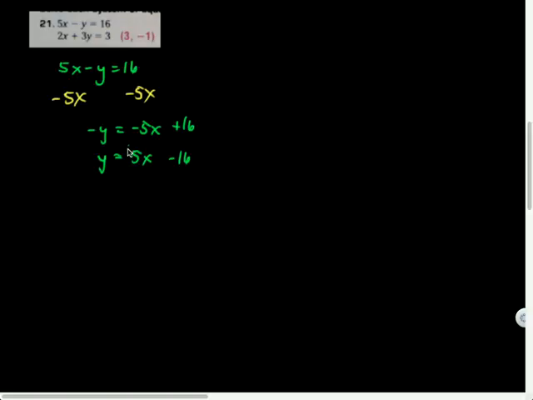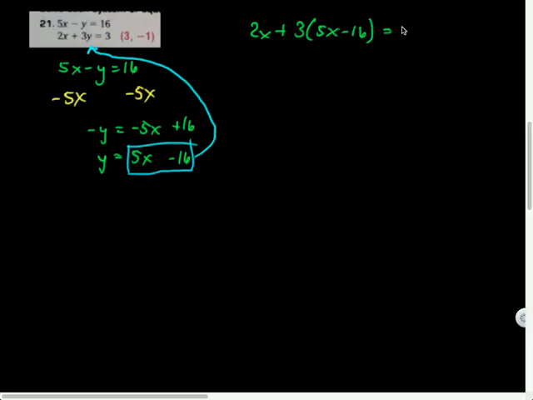And so therefore, if 5x minus 16 is truly equal to y, I should plug it into the other equation's y right there. And I would have 2x plus 3 times 5x minus 16 equals 3. And I could do some distributing here, right?